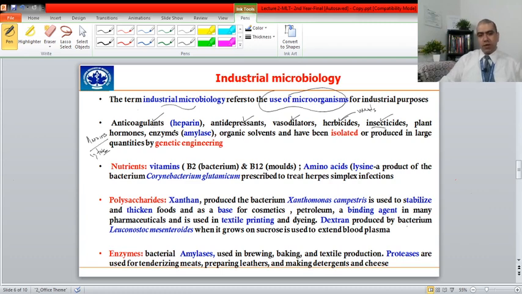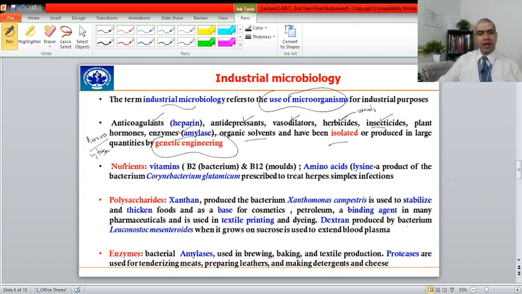In industrial microbiology we can produce enzymes like amylase, which can degrade many kinds of small carbohydrates to form ethanol, and then other organic solvents that have been isolated or produced in large quantities by genetic engineering. As I was telling before, either we can isolate the things directly from the microorganisms, or we can genetically engineer the microorganisms so that they become a cell factory for us to produce the things we want from them. So it's actually manipulating them.